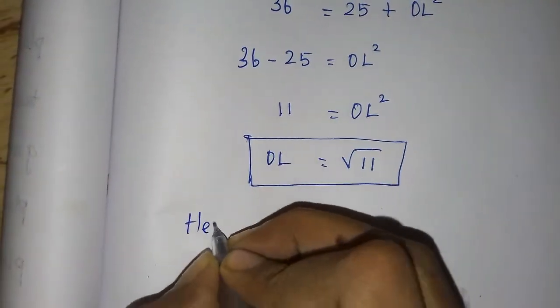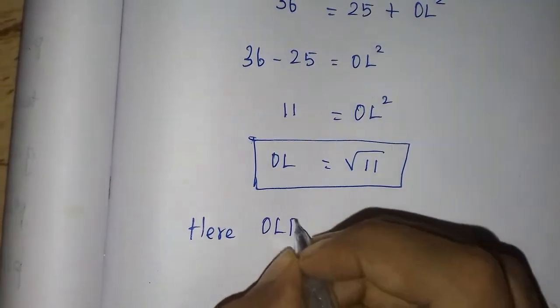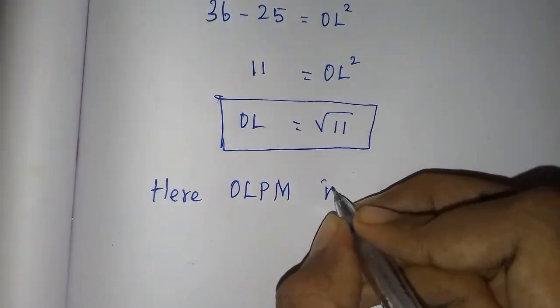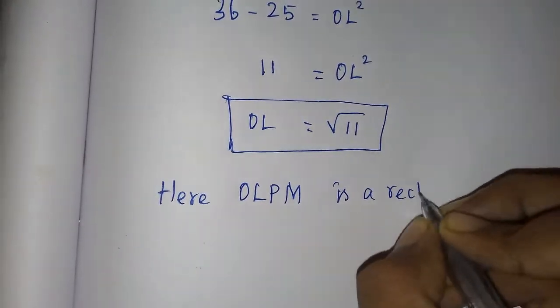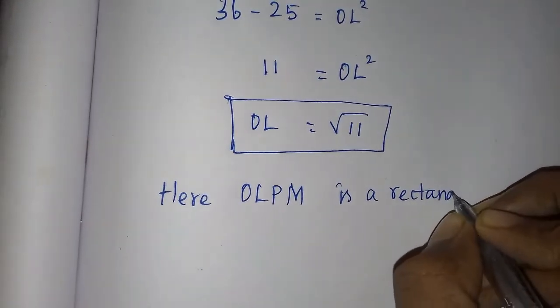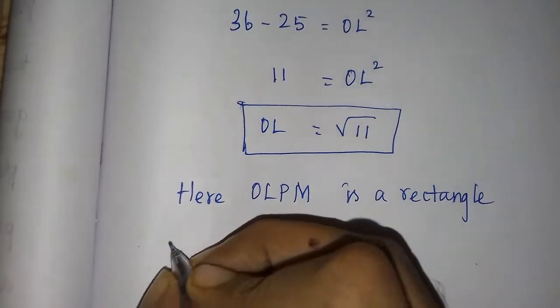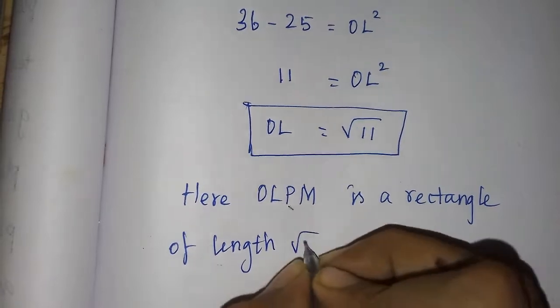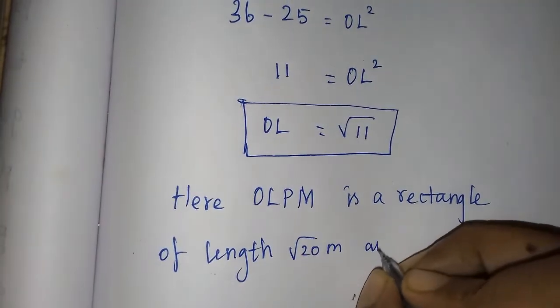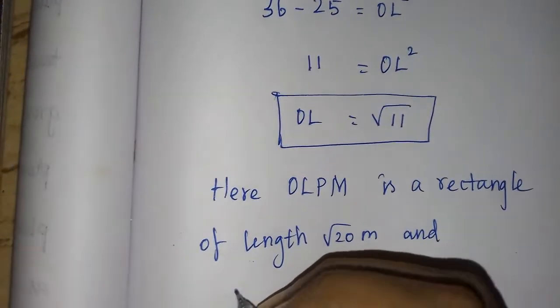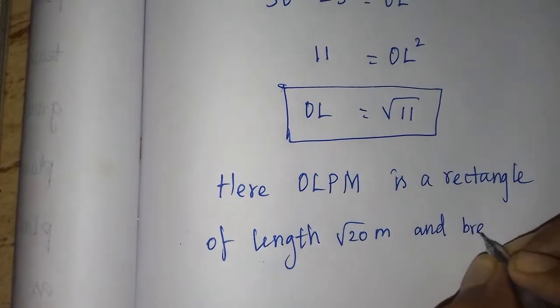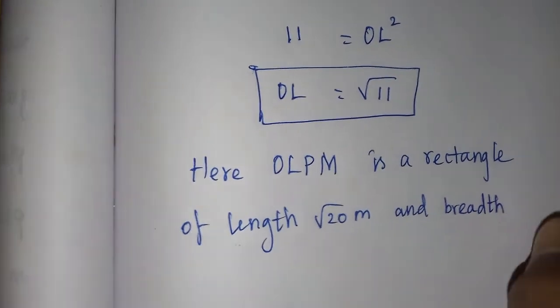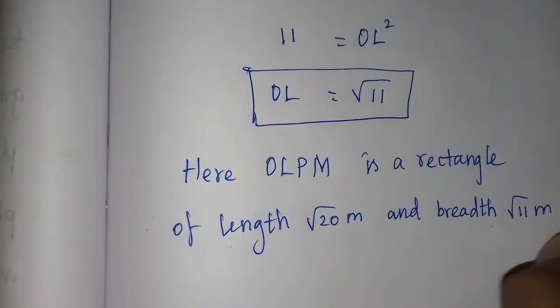Shall we find it? Here OLPM is a rectangle. What is the length of it? Root 20 meter, and breadth is root 11 meter.